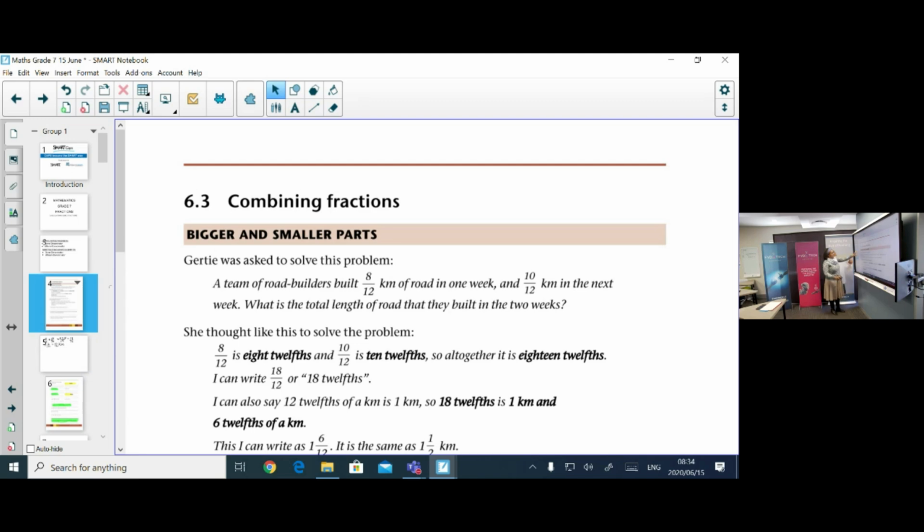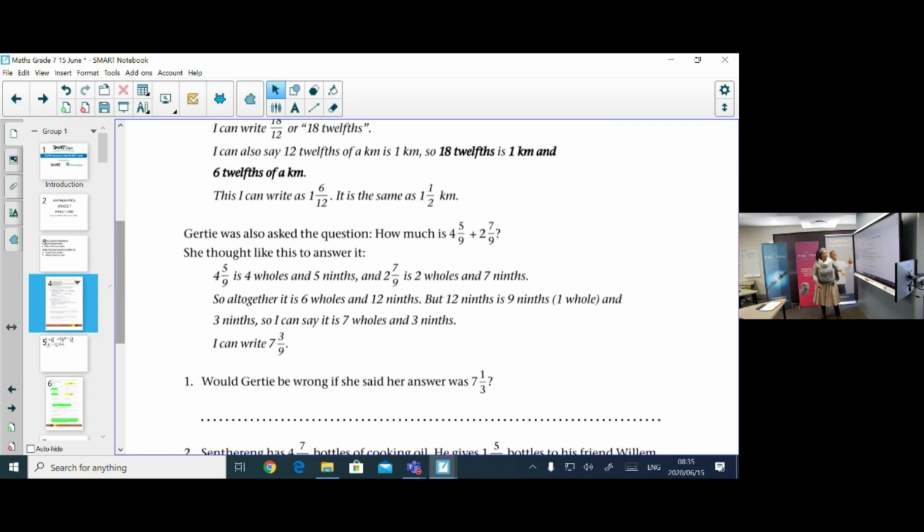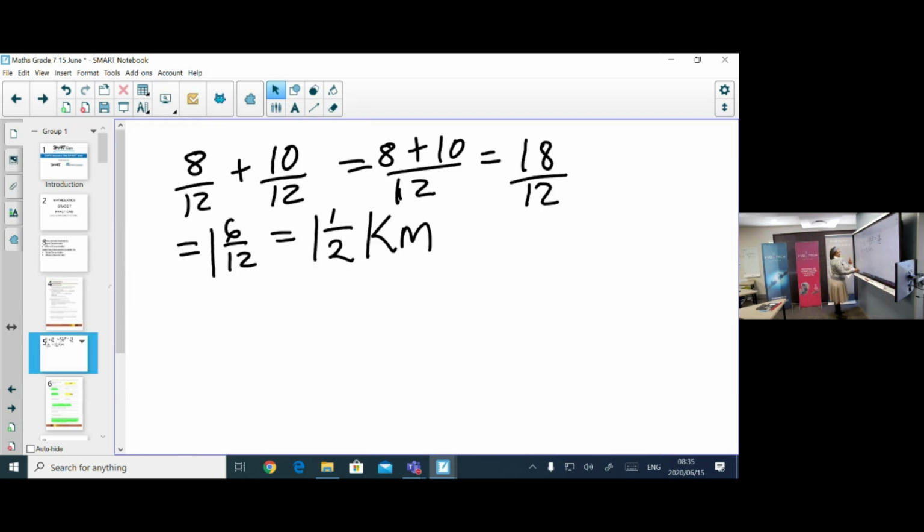So here, I'll write the question here on my next page, which will be 4 and 5 over 9 plus 2 and 7 over 9. If you check the first question that we did, we had the same denominator of the fraction there.